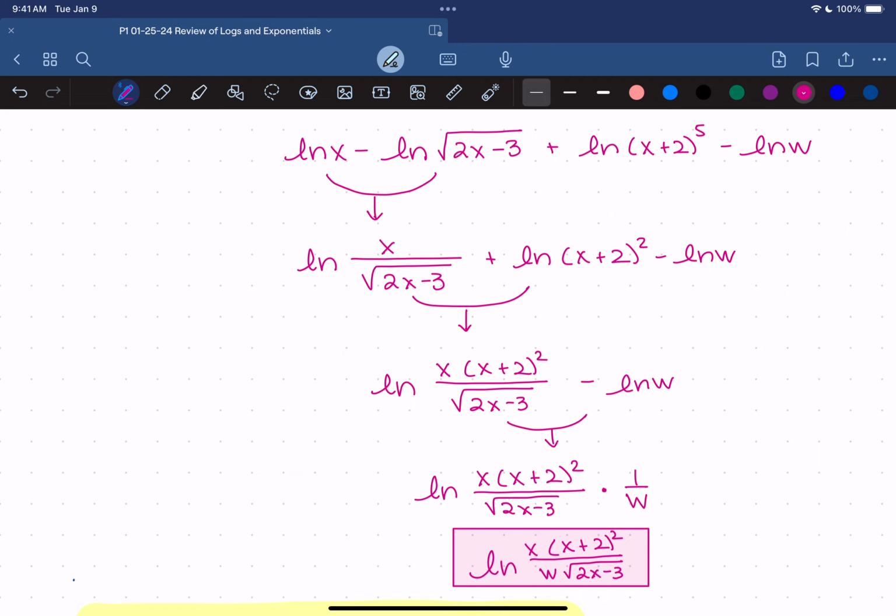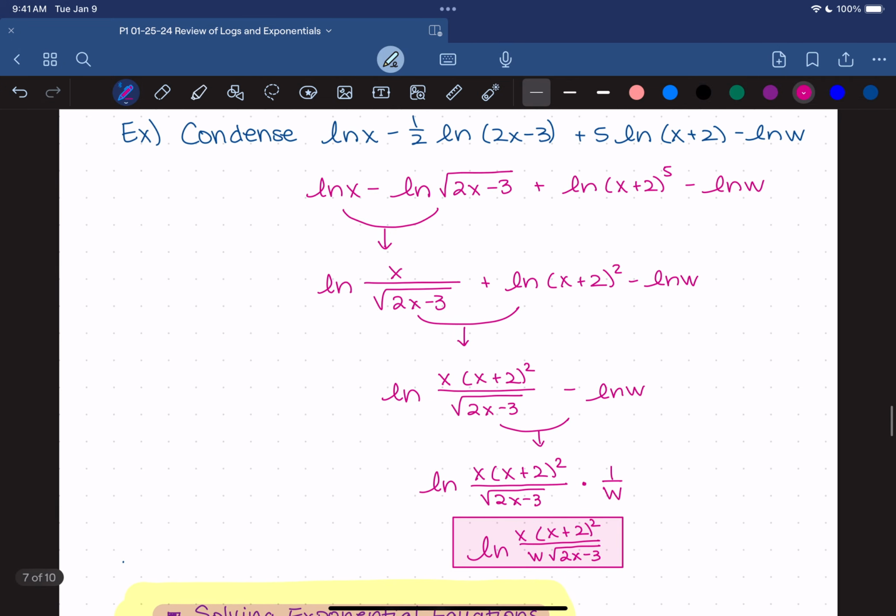So what's the shortcut, you ask? Let's go back. Let's look at this line, after we took those coefficients and made them exponents. Notice any term that was positive, so this was a positive log here, this was a positive log here, these arguments went in the numerator, and any log that was negative, so this one and this one, these arguments went in the denominator.